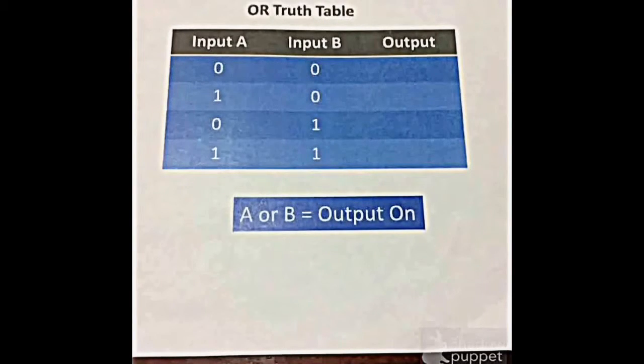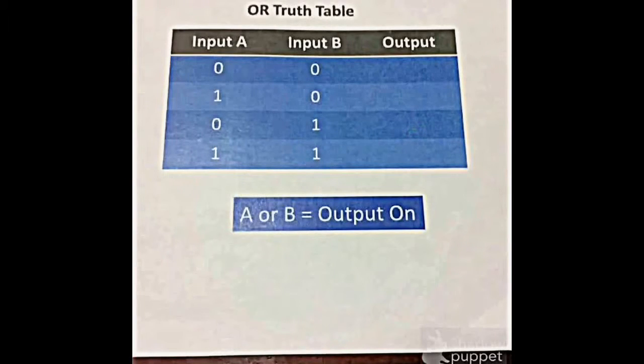Now for the second one, I want you to pause the video and think of the answer and then resume and see if your answer is correct. Okay, hopefully you have paused the video. And the answer is actually on. Because as we said, if one of them is on, that means your output will be on, even if the other one's off. Now, for the next one, it is the same thing. It will be on.